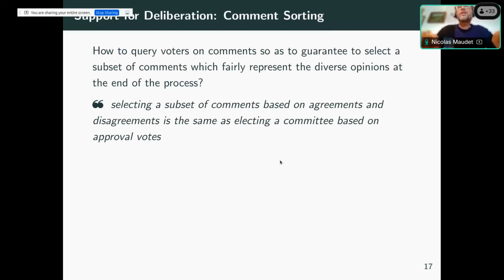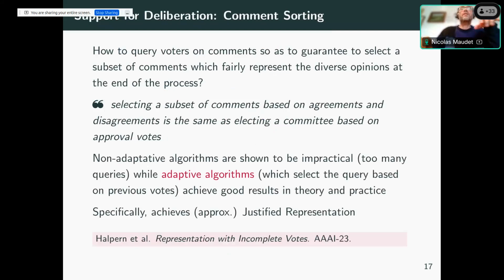The key idea is that selecting a subset of comments based on the agreements and disagreements of people is the same as electing a committee based on approval votes. So what I presented just before can be used as is, as a principled way to select different comments.